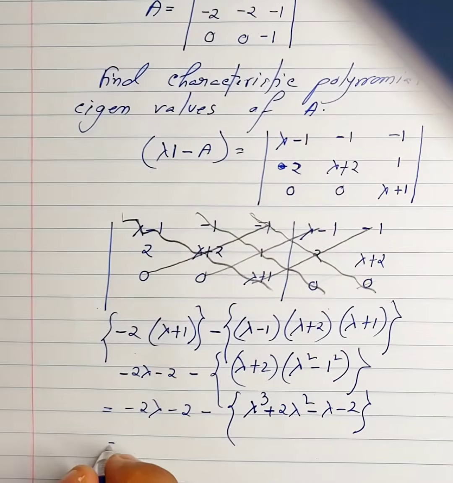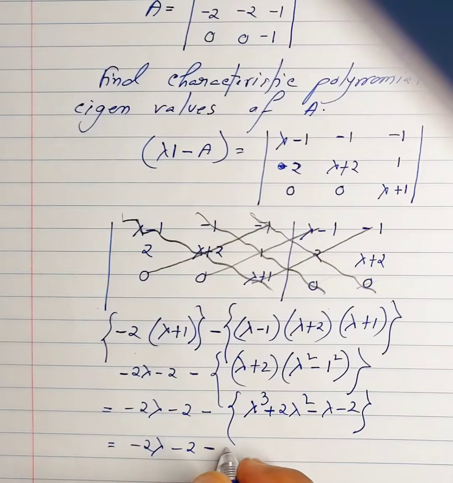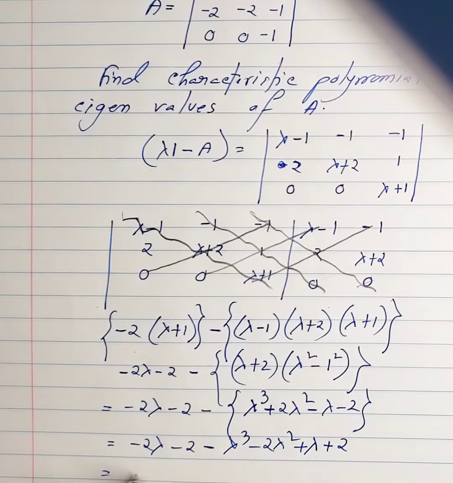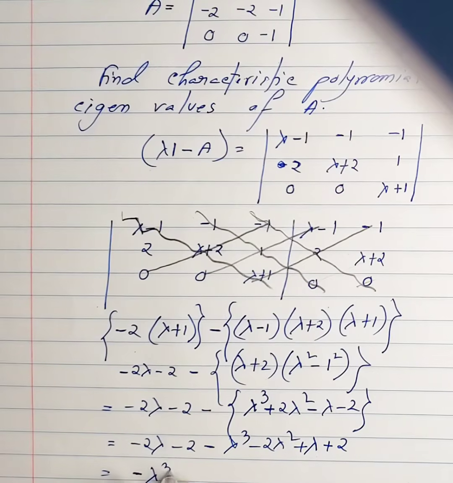If you simplify more, you're getting minus 2 lambda minus 2 minus lambda cubed minus 2 lambda squared plus lambda plus 2, and that gives you minus lambda cubed minus 2 lambda squared and minus lambda.